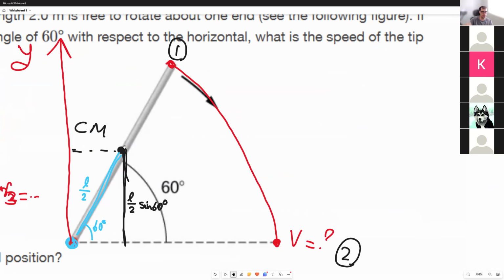Half the length, because this is the center of mass, it makes it L over 2, right? And then you want the height of the center of mass. The height of the center of mass is this black line, which is going to be L over 2 sine 60. Tell me what you think.